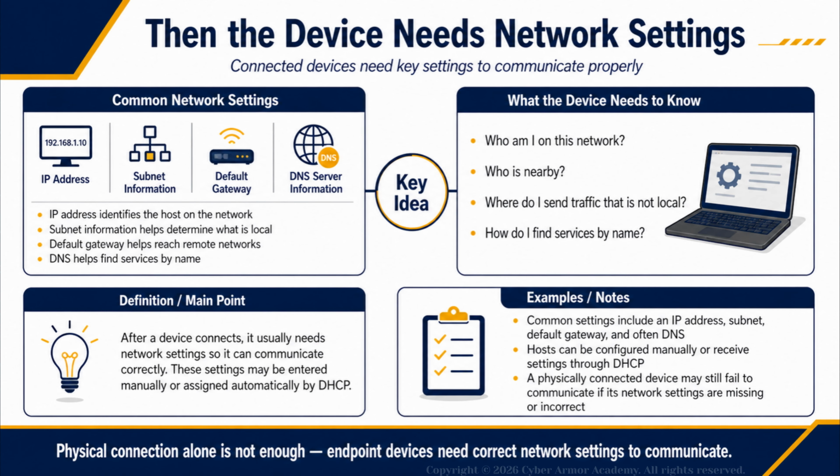In plain English, that means the device needs to know: who am I on this network? Who is nearby? Where do I send traffic that is not local? How do I find services by name? Without those basics, the endpoint device may be physically connected, but it still may not communicate correctly.